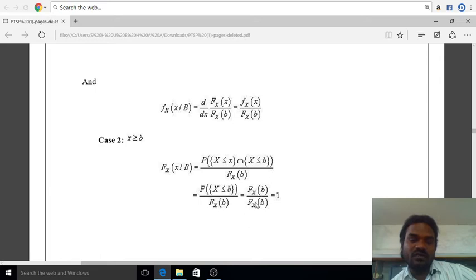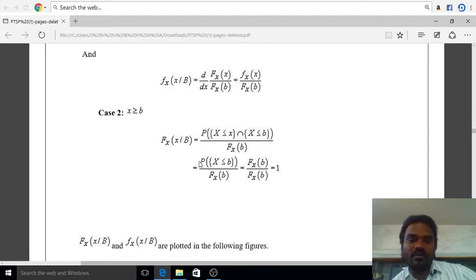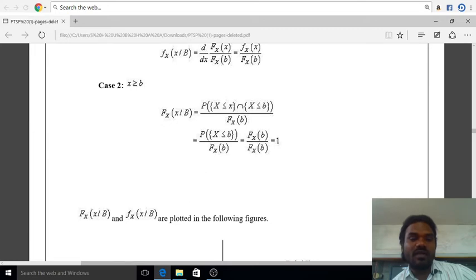If you cancel, the numerator and denominator are the same. From the previous analysis, you can replace this by the probability of X less than or equal to b, which is a distribution function, so F_X of b by F_X of b, the numerator and denominator are the same, so it is cancelled and it remains 1 only. So in the second case we got 1.